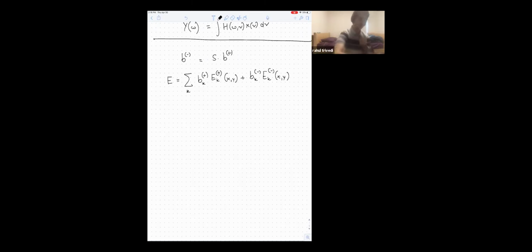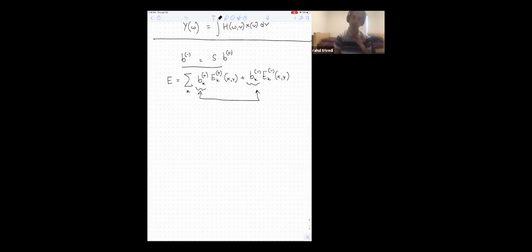So when I'm writing down the electric field as a function of space, I multiply the forward propagating wave by the forward propagating mode profiles and the backward propagating wave amplitude by the backward propagating mode profile. What the scattering matrix does is give me a relationship between these two amplitudes.